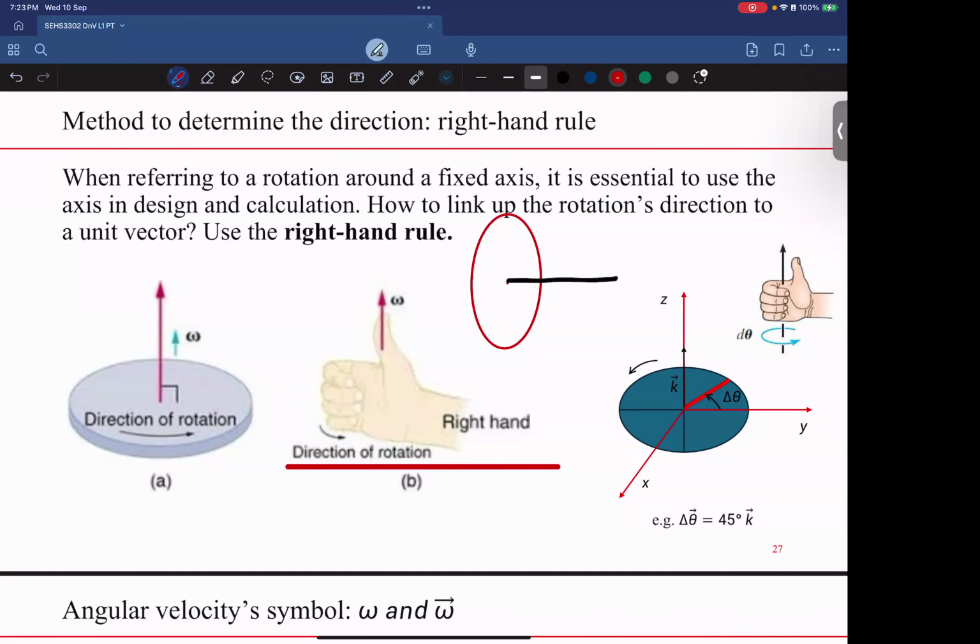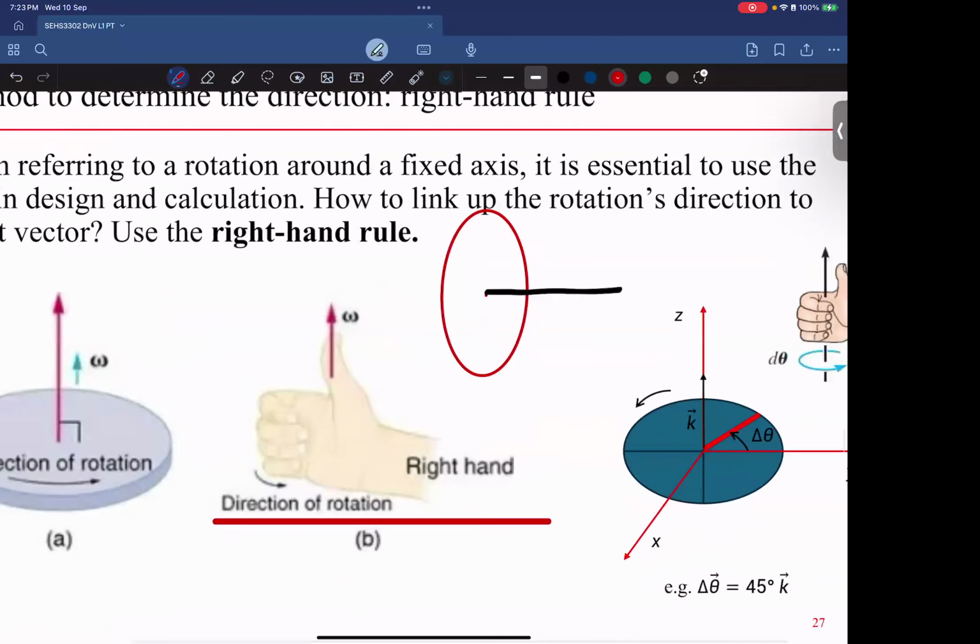So if it rotates clockwise, the rotating direction points inside of the paper, the wall, the board. Therefore, we can use the arrow to indicate clockwise or counterclockwise.